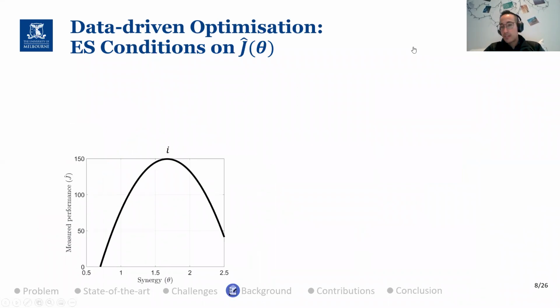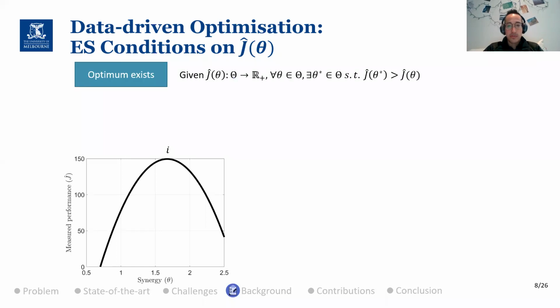Now, for us to be able to use extremum seeking in one of these systems, we need to make sure that we satisfy some conditions for this algorithm, particularly on the relationship between the interface parameter and the measure of performance. These are those conditions. The first one is that there exists an optimum.